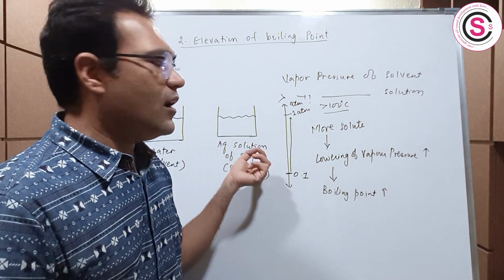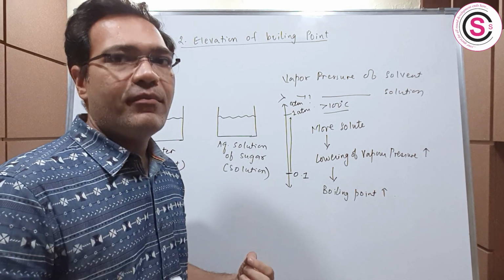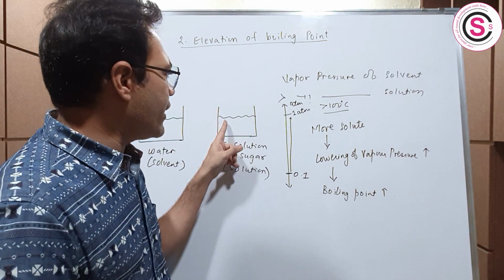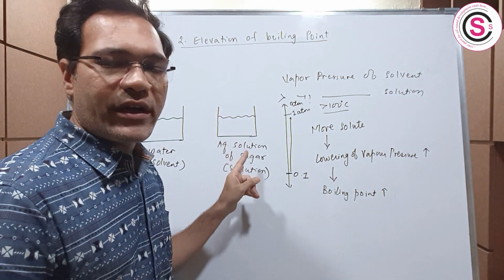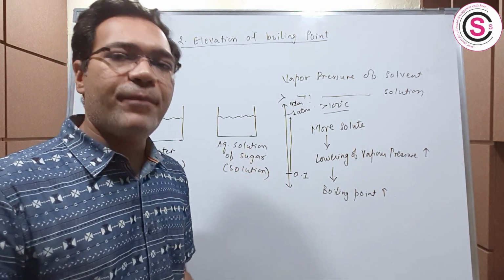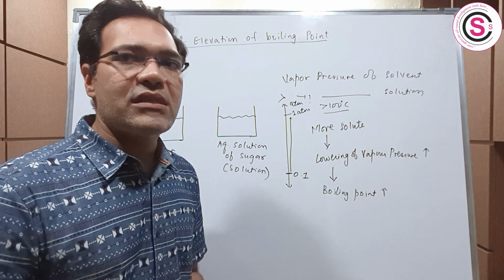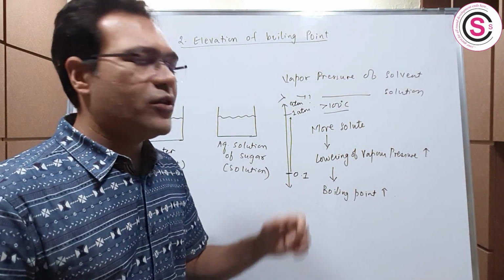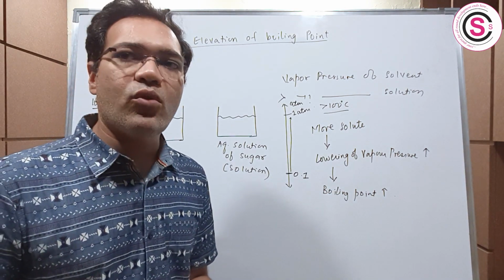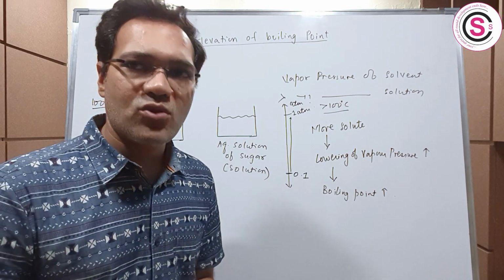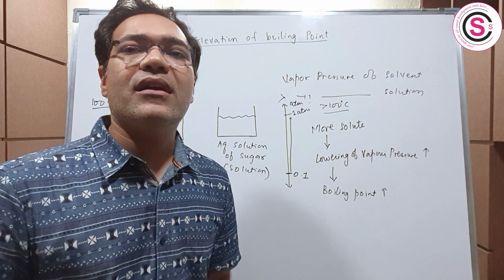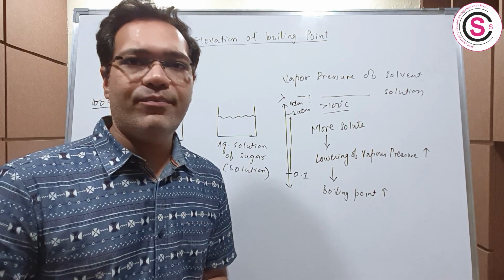When a solution is prepared by adding non-volatile solute to a volatile solvent, the vapor pressure of the solution decreases. Due to this, the boiling point of the solution is always more than the boiling point of the solvent, and this phenomenon is known as elevation of boiling point.